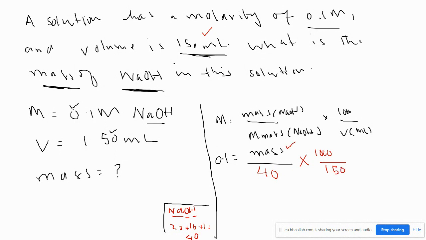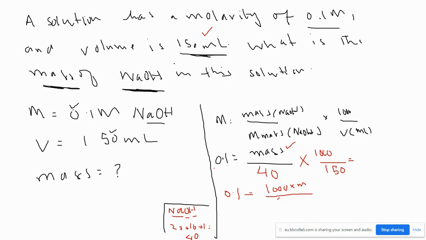Now we need mass actually. Mass should be in grams always, okay? So what can we do? We cross multiply. If I want to solve this here, it will be like this: 0.1 is equal to 1000 times mass, 1000 multiplied by m divided by 40 times 150. How much is the down one?